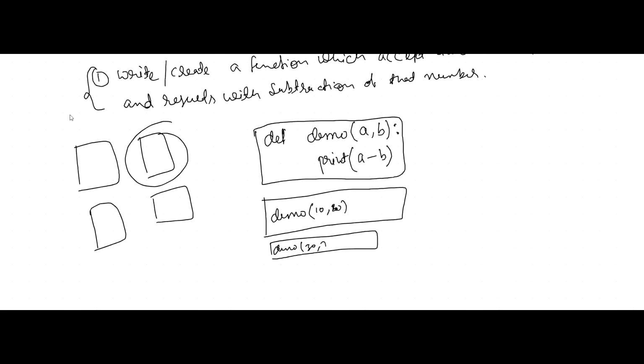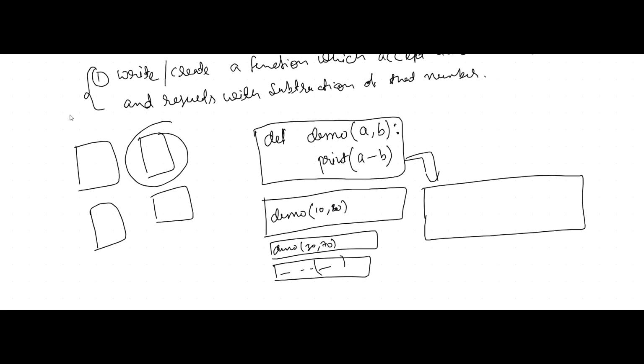This is the beauty of function. Once you create it, you can call it any number of times with other parameters. If you want to make it more generic, in a block just below this, write a int input enter first number.